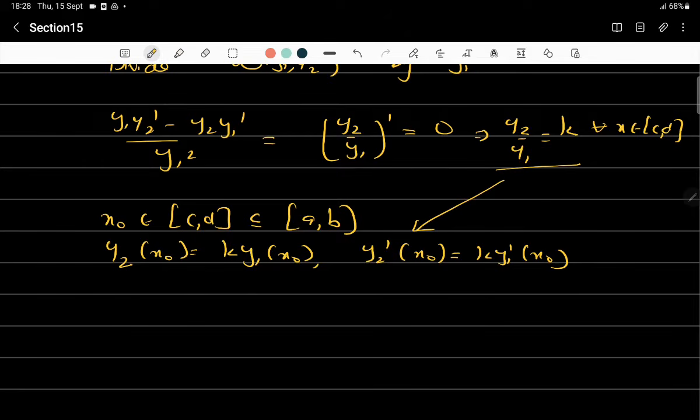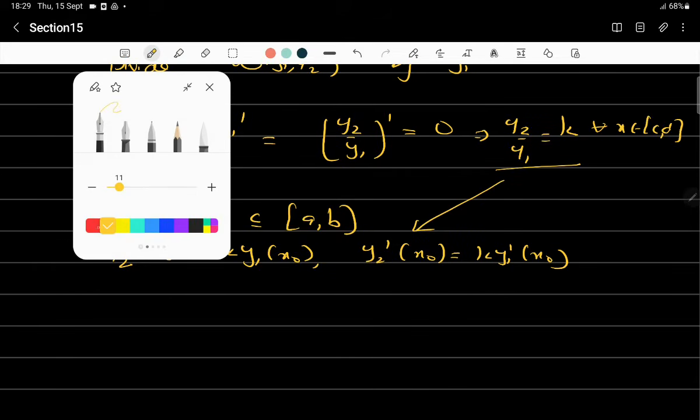Now let's assume that you are given a second order homogeneous differential equation, along with two conditions at x0. It means the problem becomes an initial value problem. And now recall the existence uniqueness theorem, which says that the initial value problem has a unique solution.